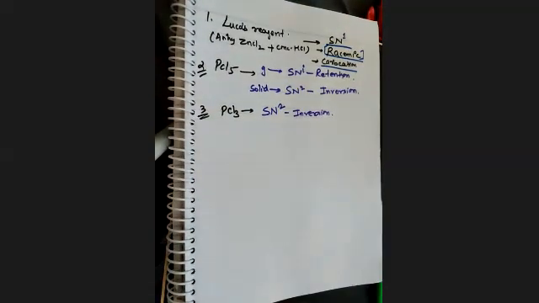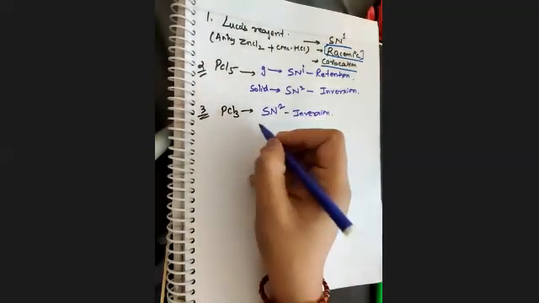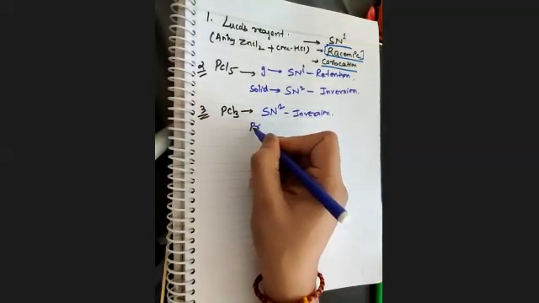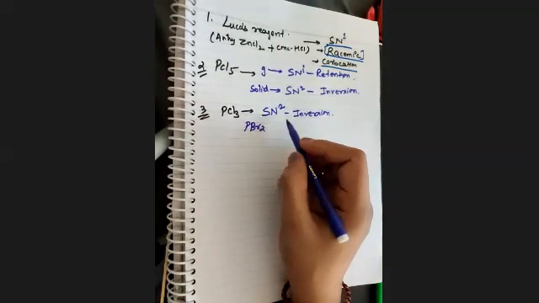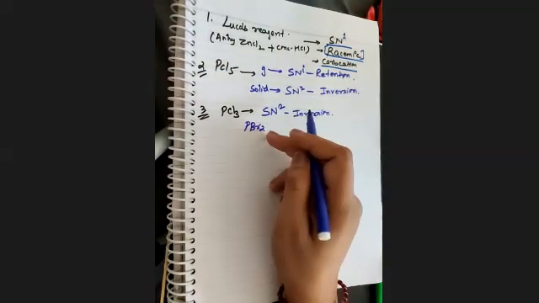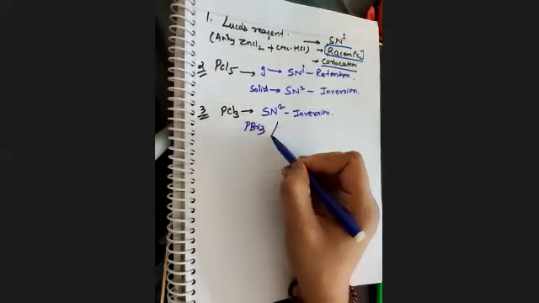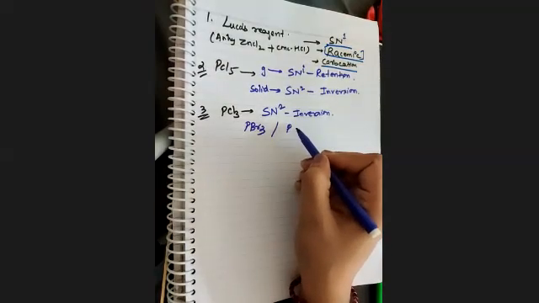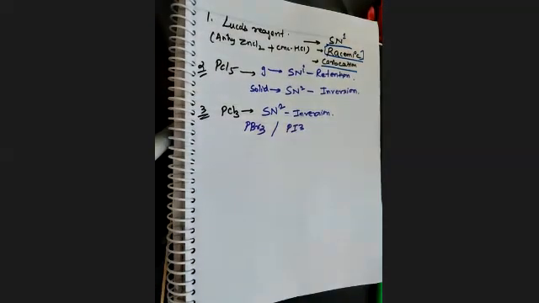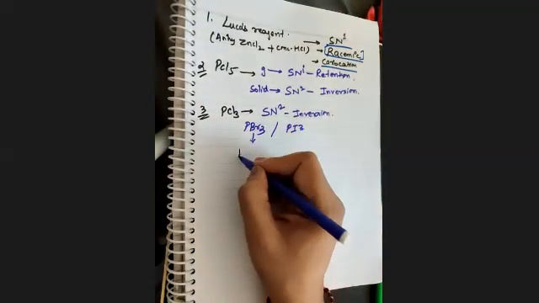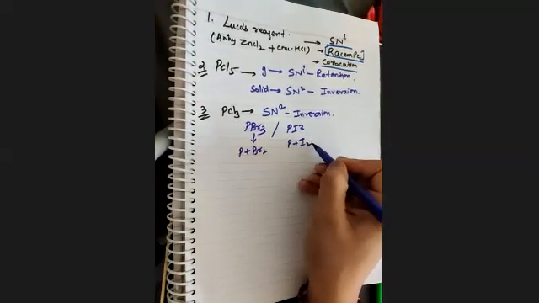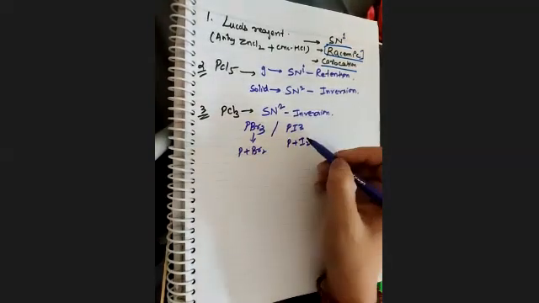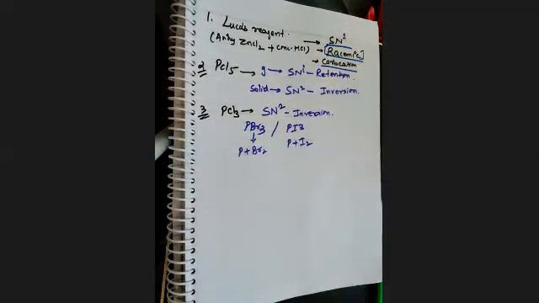Okay. And two exceptions were there. I just want to tell you, if PBr3 and PI3 is given, you can consider this P plus Br2 and P plus I2. I am recalling this because when you separate them, they will not be written as 3.